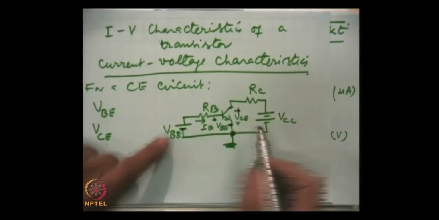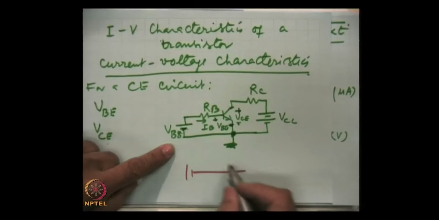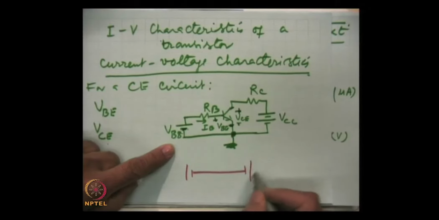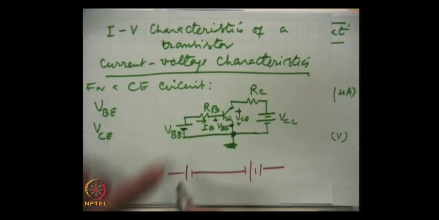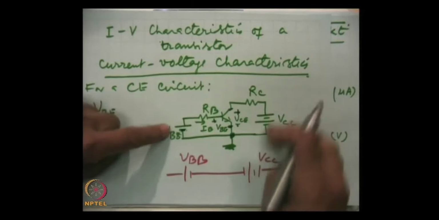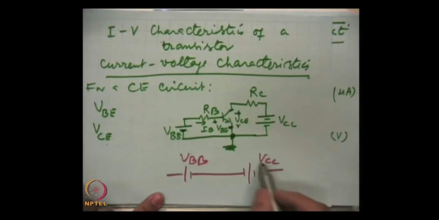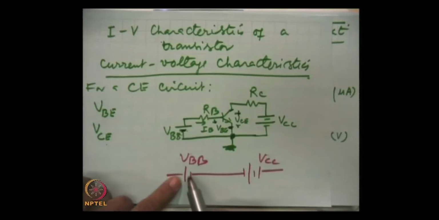So, when these are the 2 batteries, this is VBB, this is VCC. I have put them just in one line, they are in series. If this is very small, then this will be dominating. Very simple.